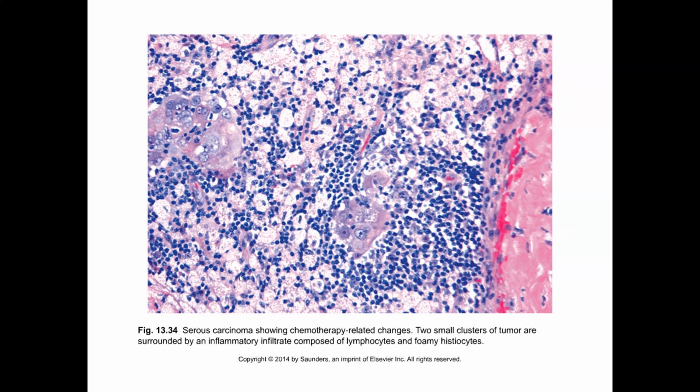So here's an example of serous carcinoma with some chemotherapy-related changes, producing some multinucleate cells, some nuclear smudging, maybe some mitotic arrest cells, and a lot of surrounding histiocytes and lymphoid reaction. The changes can be quite striking at times, and the histiocytic reaction can be almost overwhelming, leaving nothing in terms of recognizable tumor behind.